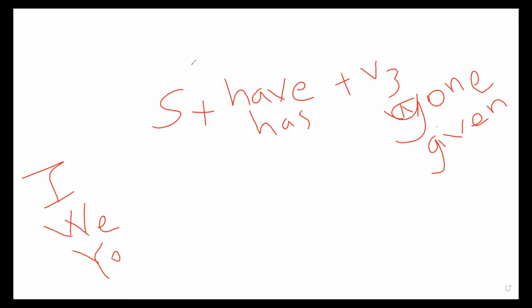I have given a paper. Okay. In which situation do we use this type of tense? An activity completed just now. Yes, very good. An activity that has been completed just now.